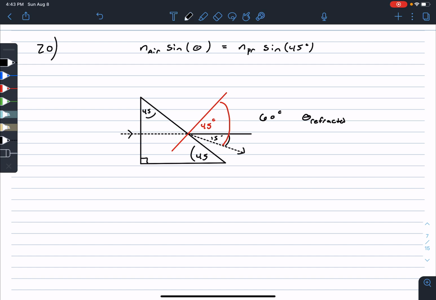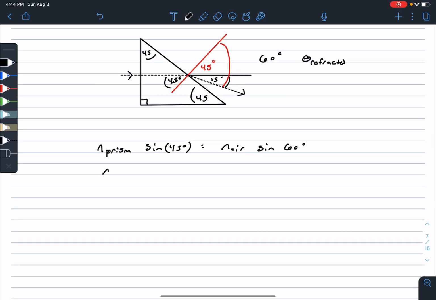So, because it's hitting at an angle of 45 degrees, we can say n prism, using Snell's law, n prism sine 45 degrees is equal to n air sine of 60 degrees. Because we travel here, it's 45 degrees off of the normal. It becomes refracted outside of the prism at an angle of 60 degrees from the normal.